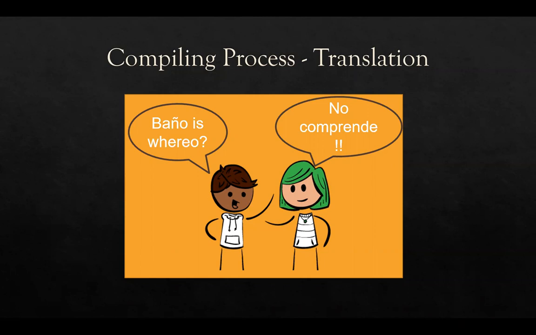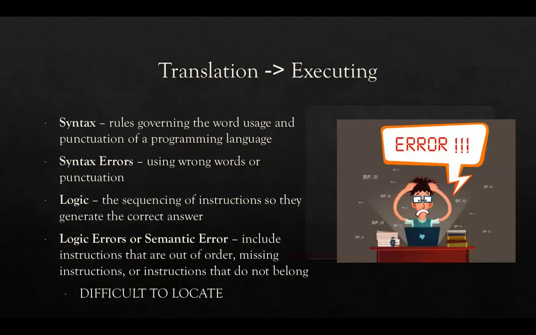The compiler will respond to statements that are incorrectly written by the programmer in a very similar way as the girl responds here. I do not understand. Making these types of mistakes, ones that the compiler cannot understand, are called syntax errors. You must correct these errors before the compiler can complete its translation process to machine language.